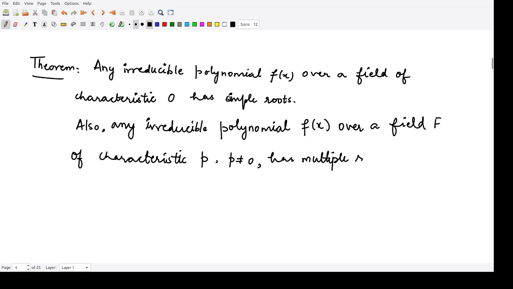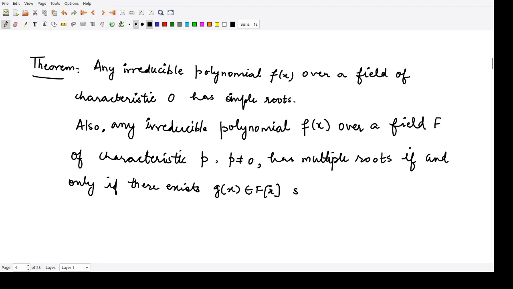This has multiple roots if and only if there exists some other polynomial g of x in the given field F of x such that this f of x is nothing but this polynomial g of x raised to power p.